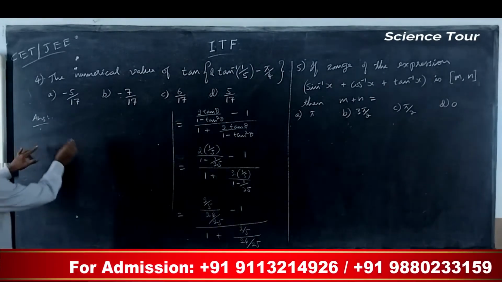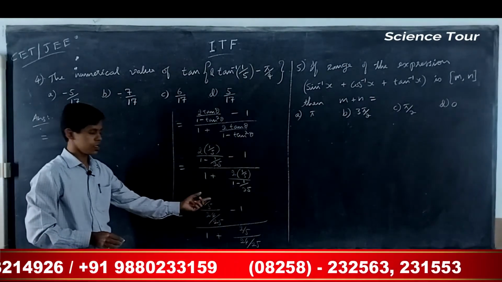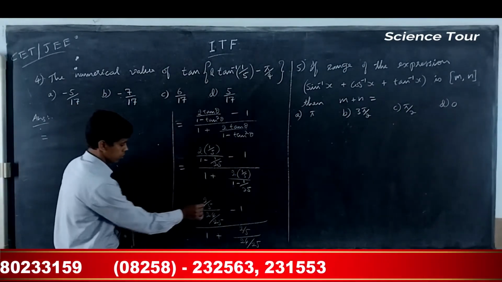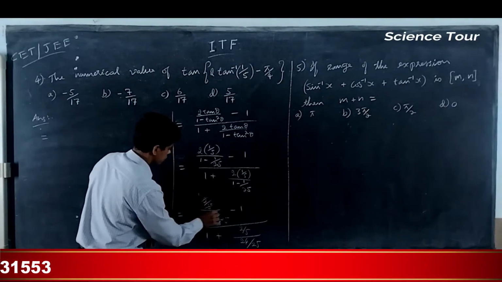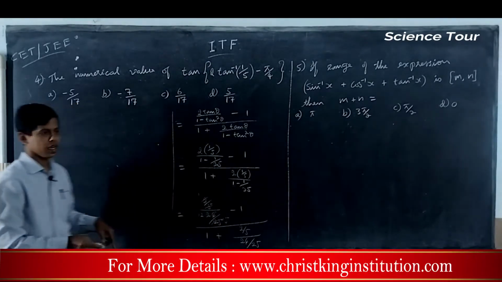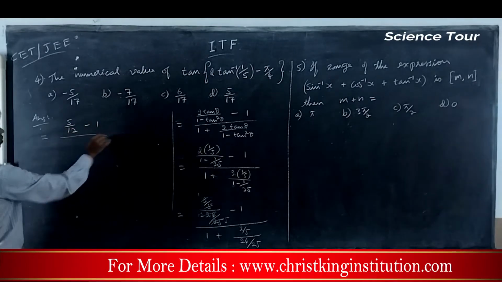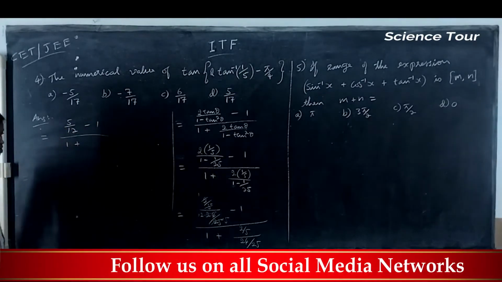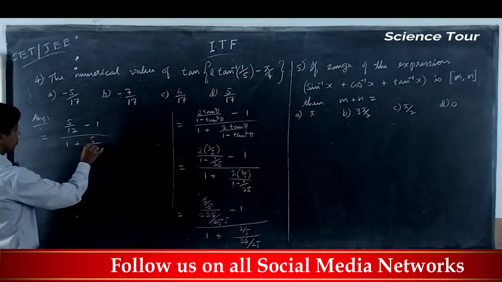Well, now what I will do is take the reciprocal here. 5 ones are 5, 5 twos are 2, ones are 2, 12s are. So this goes to 5 by 12 you will get. So that is 5 by 12 minus 1 divided by 1 plus, once again the same, 5 by 12.